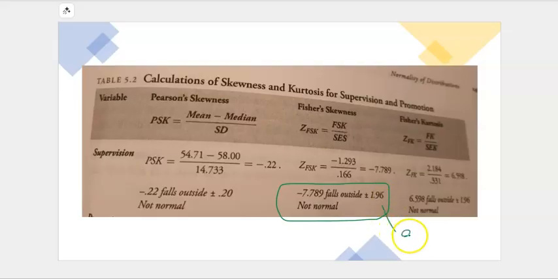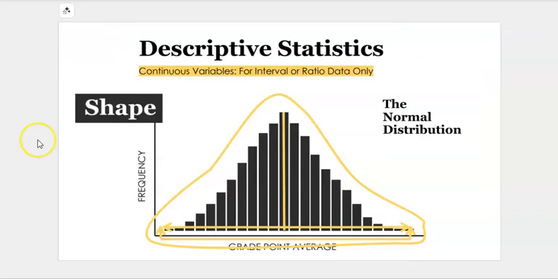1.96 means that is 95% of your distribution. So that is outside of the 95%. I will show you what it means. When you see the bell curve like that, let's say this is plus 1.96 and this is minus 1.96.